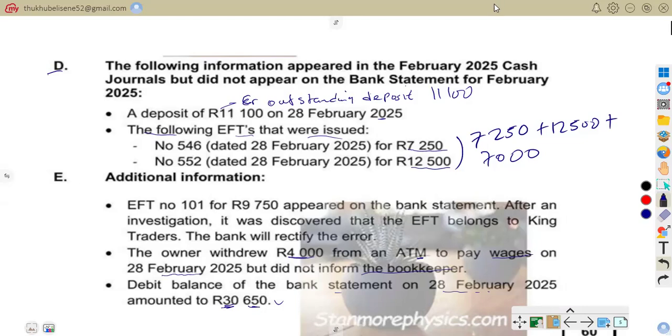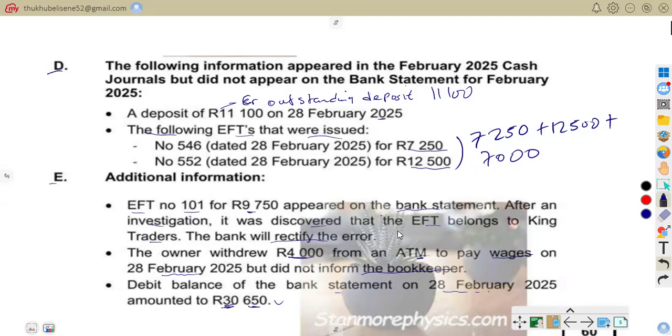So let us look together. On additional information E, we have electronic funds transfer number 101 for 9,750 that appeared on the bank statement. After an investigation, it was discovered that the EFT belongs to King Traders. So the bank will rectify the error.